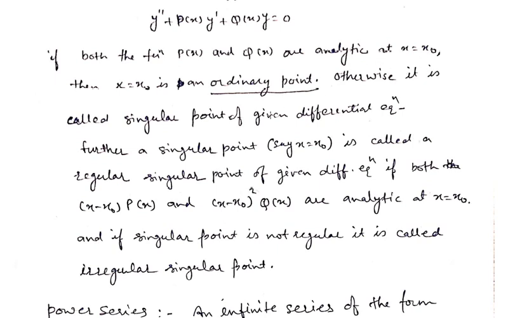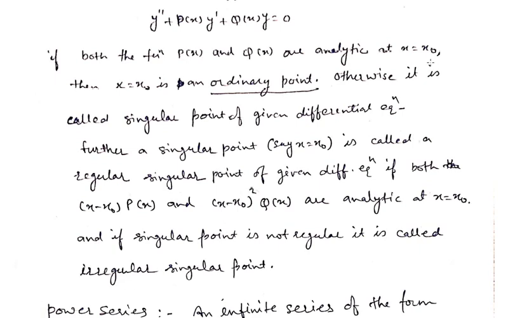And there are two kinds of singular point. One is regular singular point and the second one is irregular singular point. So in what case will a singular point be regular, and in what case will it be an irregular singular point?